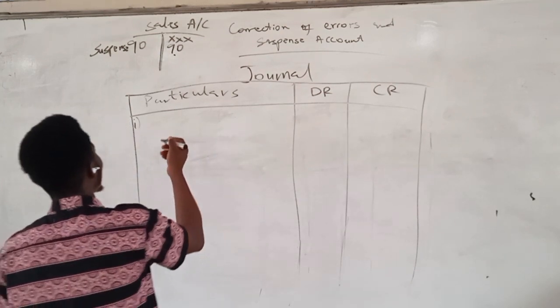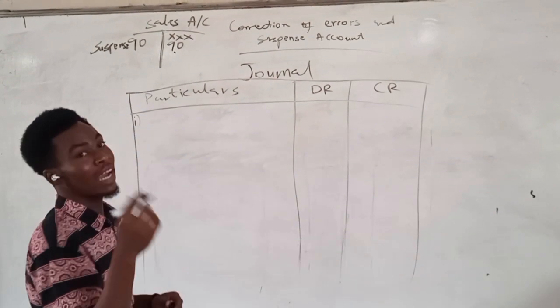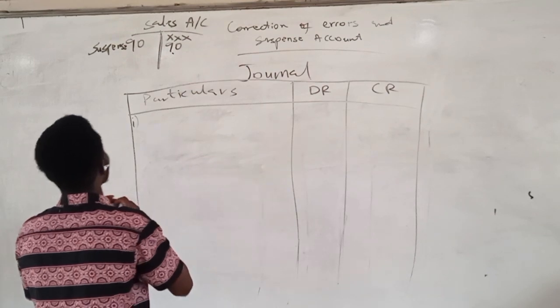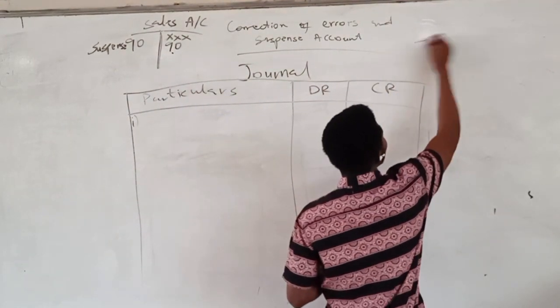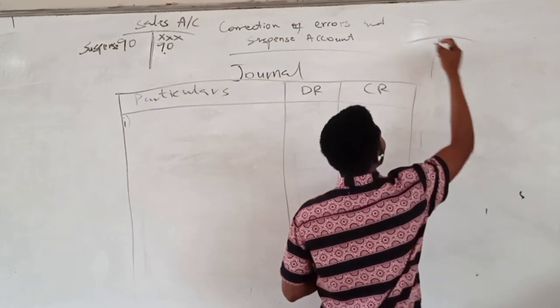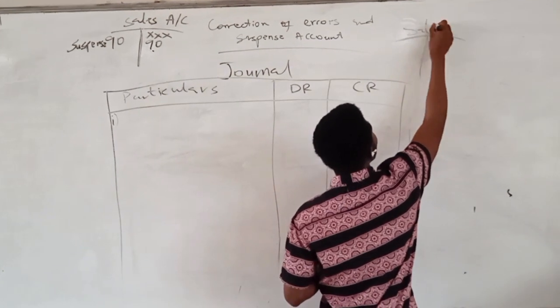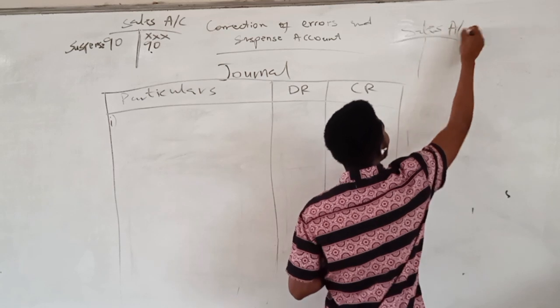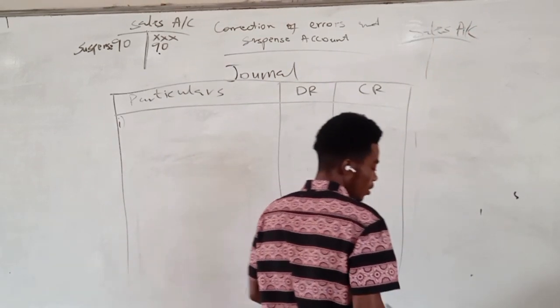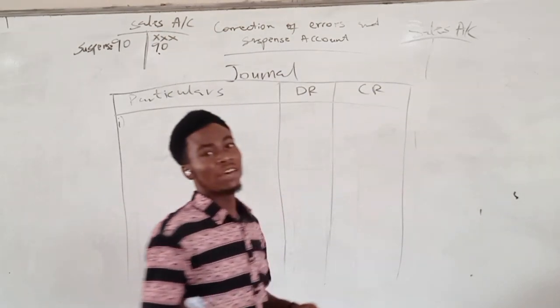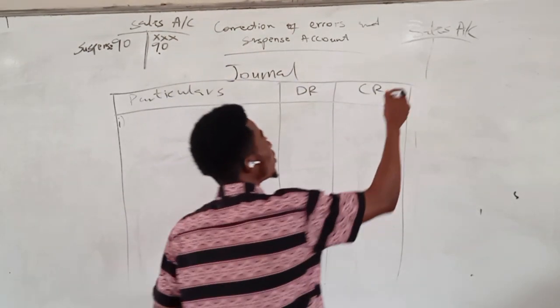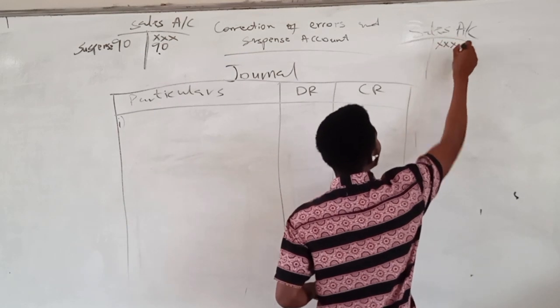Now, when sales is overcast, let's open the sales account. Now, you know that sales has a credit balance.